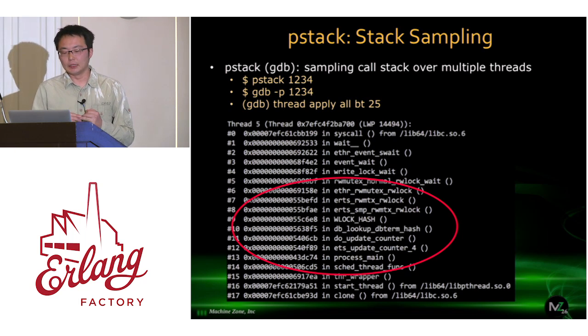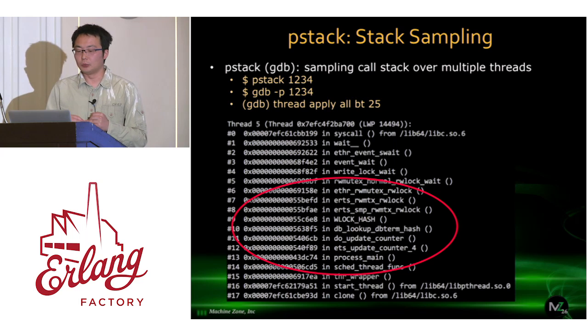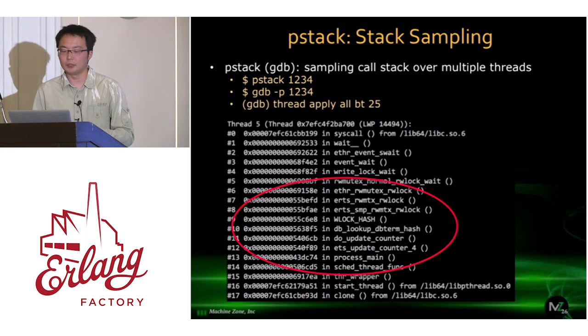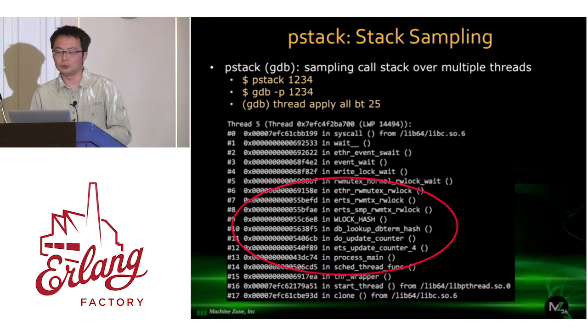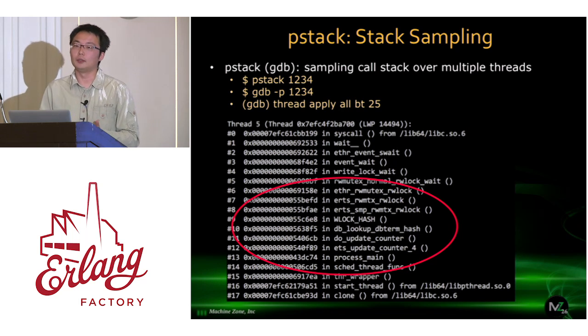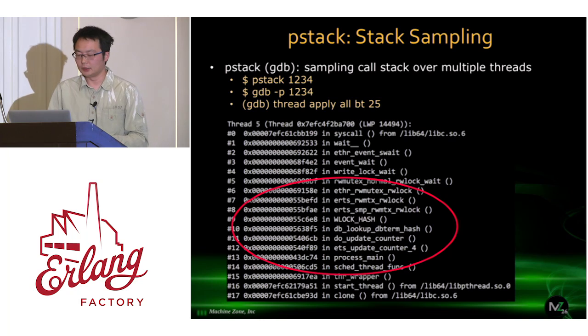Pstack comes with the GDB package, so you do pstack and the PID. If you don't have pstack, you can emulate it quickly with GDB: attach to the process, do thread apply all, and backtrace, and add the trace stack length.